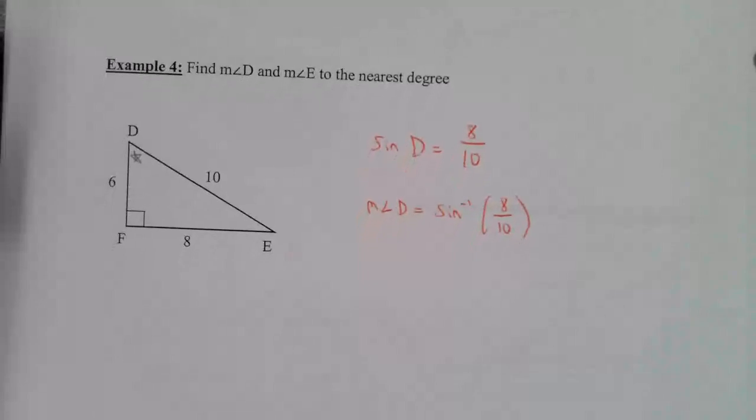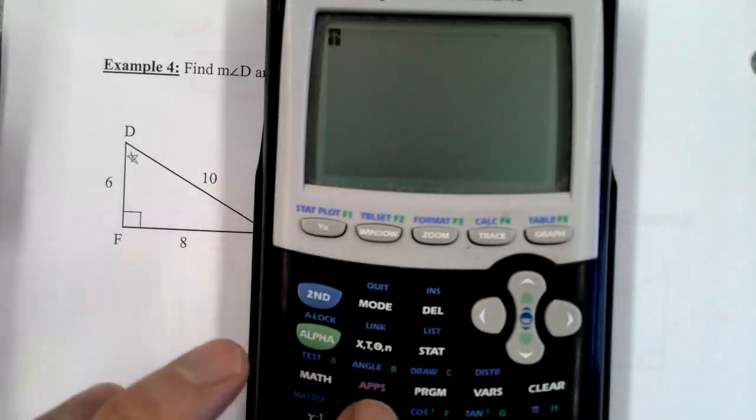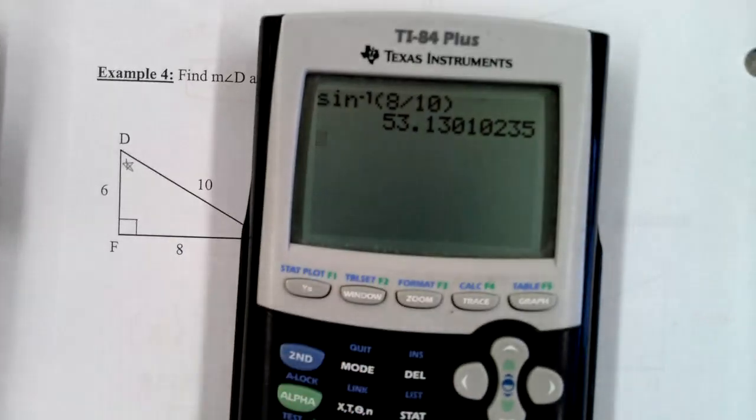Okay. Use your calculator. Sine inverse, 8 over 10. About 53 degrees.